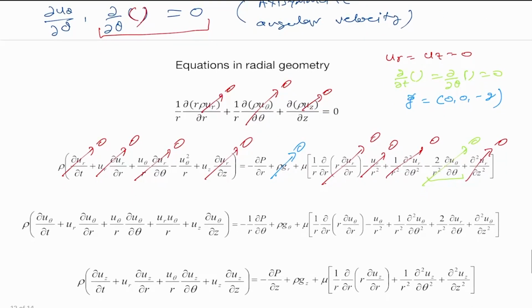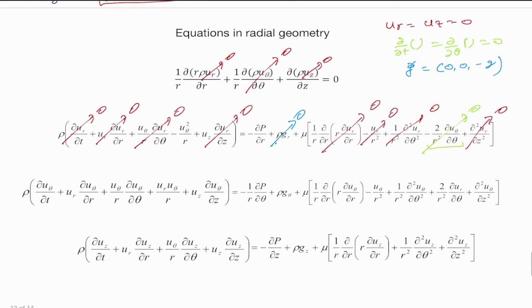Now let's go to the theta-direction equation, where we have the d by dt term as 0. This is 0 because of the steady flow, and then ur is 0, uz is 0, dp by d theta is 0.